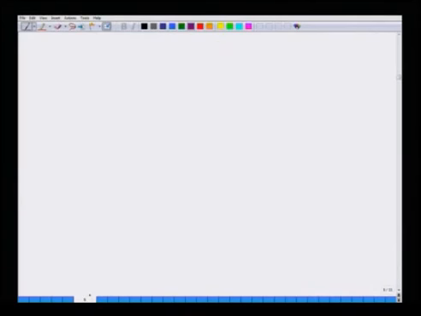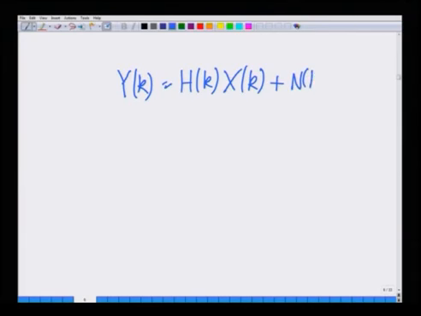Now, I just need to mention a little bit about this detection block. What is this detection block? Remember, across each subcarrier we have the following relation. yk is the received symbol, hk is the channel coefficient across the kth subcarrier, xk is the transmitted symbol, nk is nothing but the noise across the kth subcarrier.